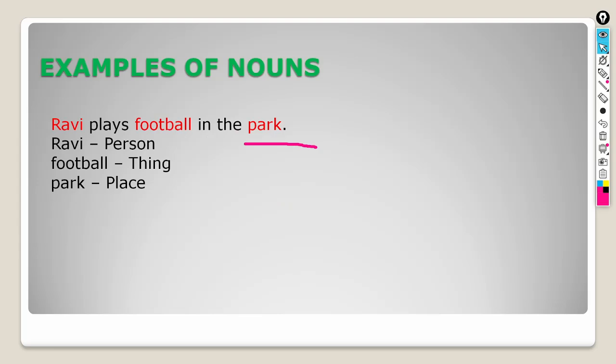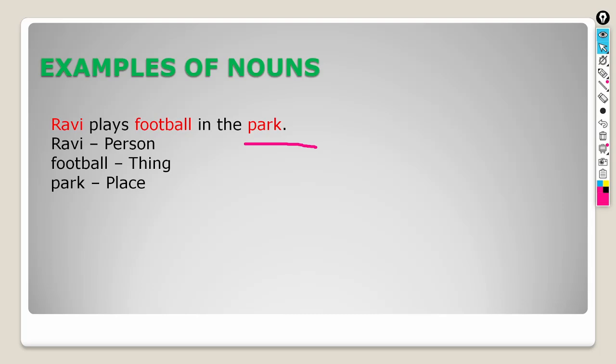Now, when you are going for the examples of the noun, let us take this example. Rabi plays football in the park. Here, Rabi is a person. What sort of person he is? Okay, that will be adjective. But Rabi is a person, and what type of noun it will be, we'll see to it.